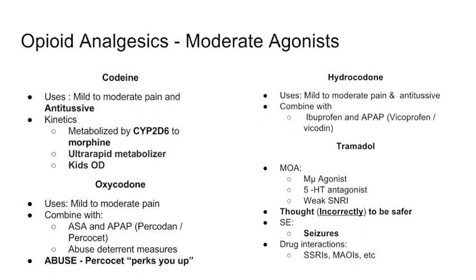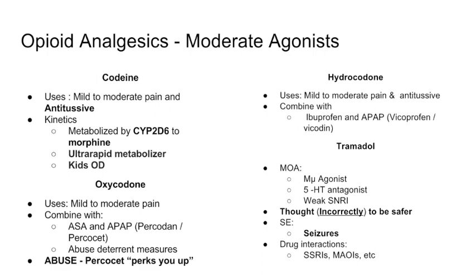Some people have an isoform of CYP2D6 where the enzyme works in ultra drive, and so you have more than 10% metabolized into morphine.